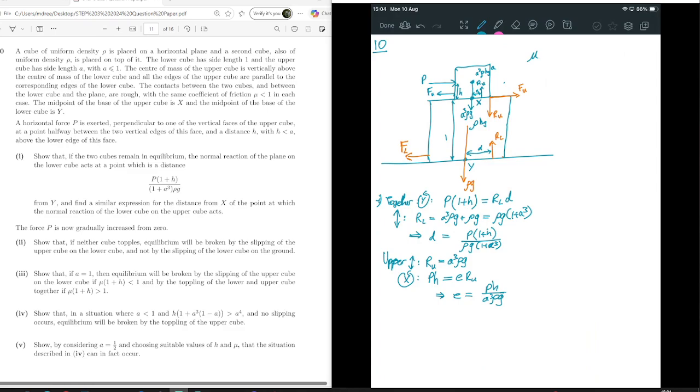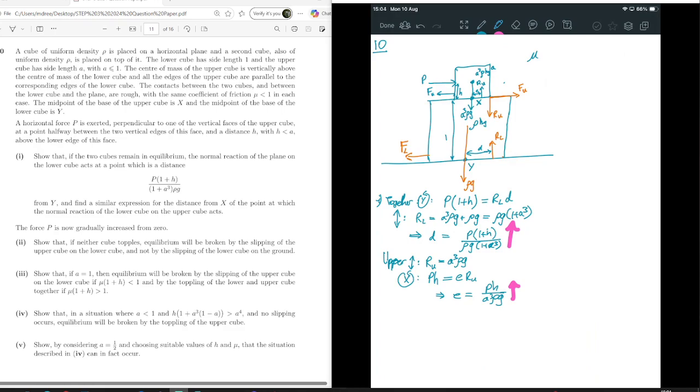The force P now gradually increases from 0. So we're making each of these forces larger and larger, the P force larger and larger, which will slowly make the D distance increase, and the E distance increase.